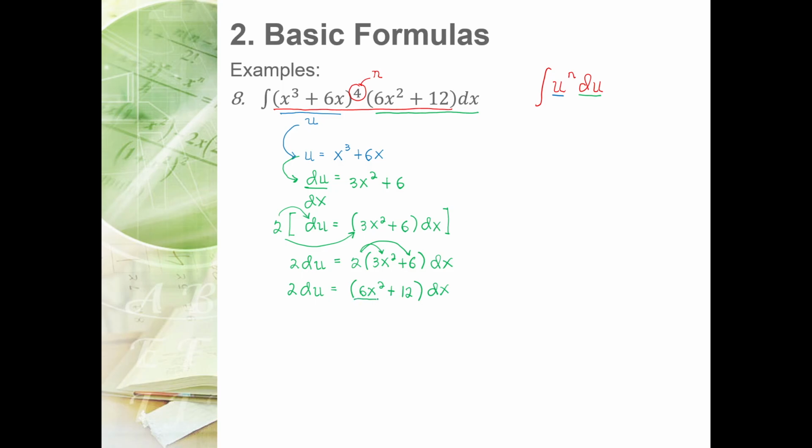So since we achieved the final form, or the same format, you can now replace this one with 2 du. This is the value for the last replaceable term, 2 du.